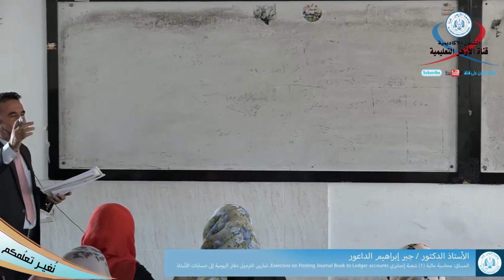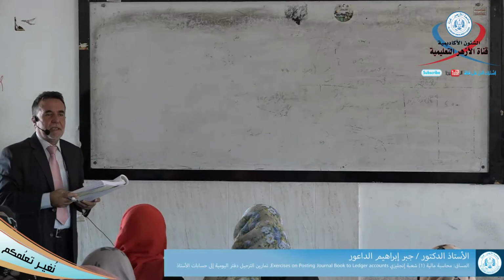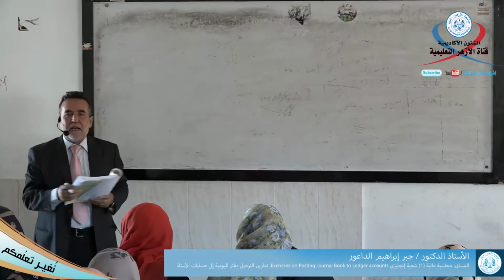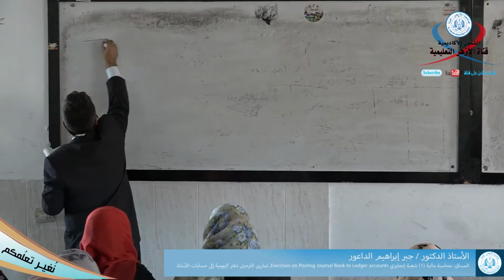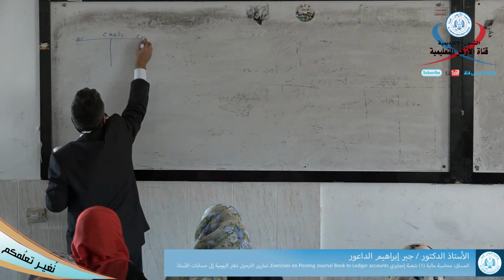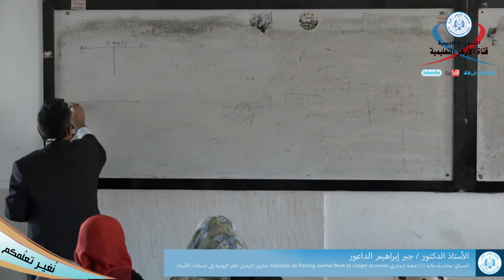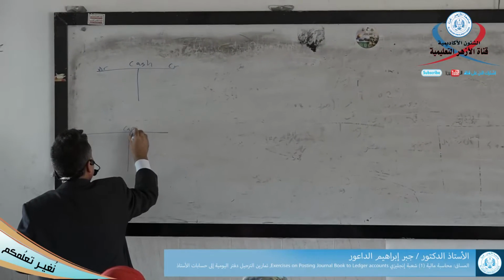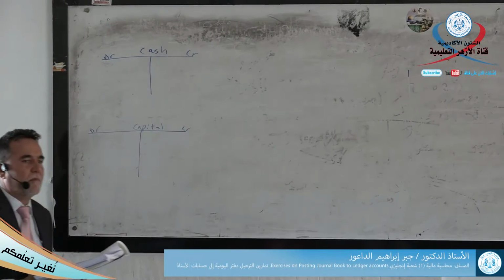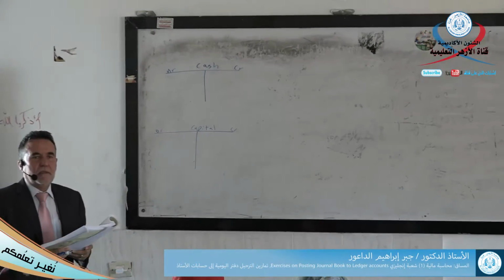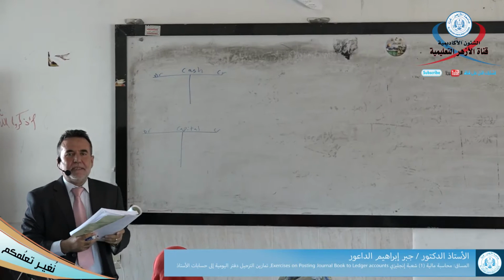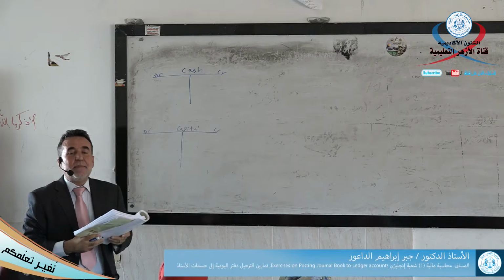So to transfer this entry to T account, I will draw two accounts. One account for cash and another account for capital. So the first entry, cash to capital, cash debit side.